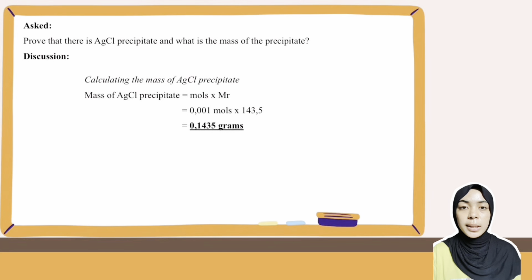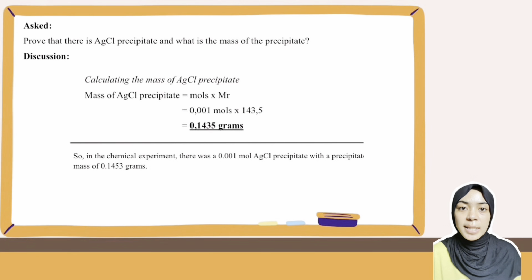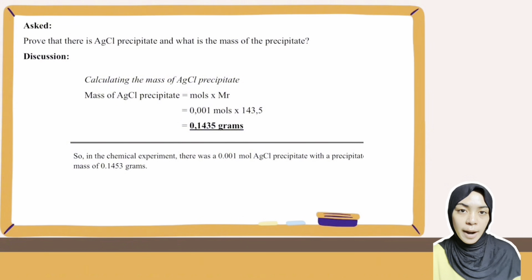Therefore, the mass of the silver chloride precipitate is 0.001 moles times 143.5, which equals 0.1435 gram. So, we have proven that this reaction will produce a silver chloride precipitate with a mass of 0.1435 gram. This calculation shows how to determine the limiting reactant, apply the stoichiometry ratio, and calculate the mass of the product.